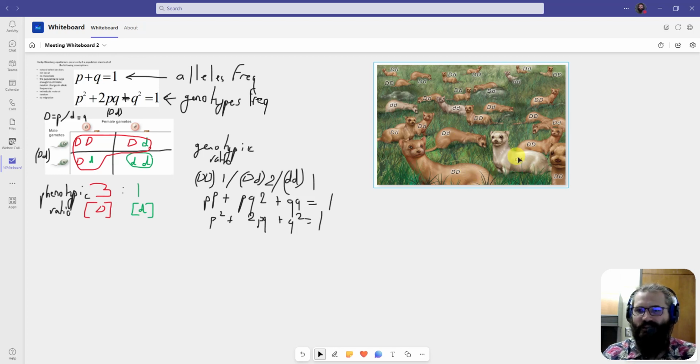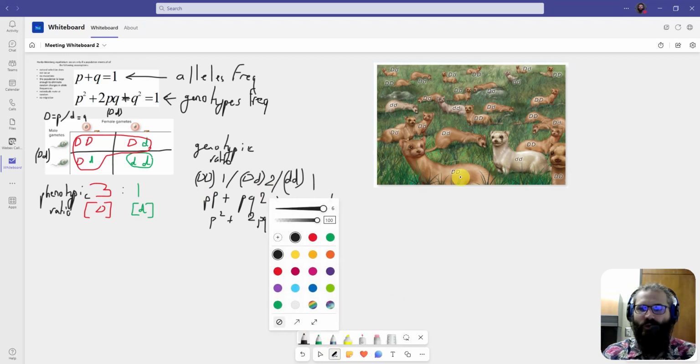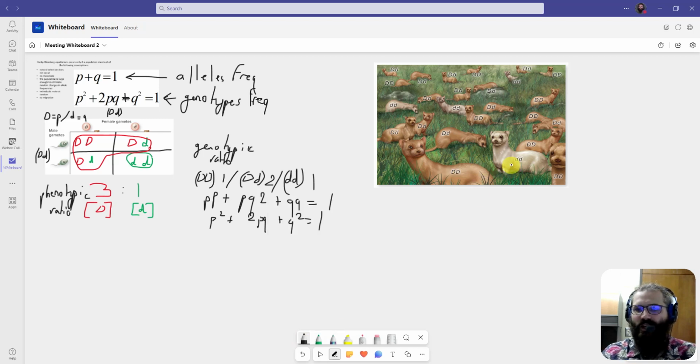However, the recessive genotype, the q square down there, that is the one that matches genotype and phenotype. The phenotype is recessive, the genotype is homozygous recessive. Thus, by counting those, you can find the frequency of those individuals. So in this example that we have here on the board, we have 1, 2, 3, 4 little d, right?